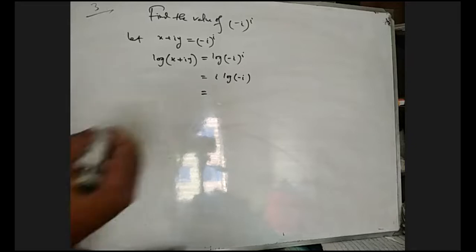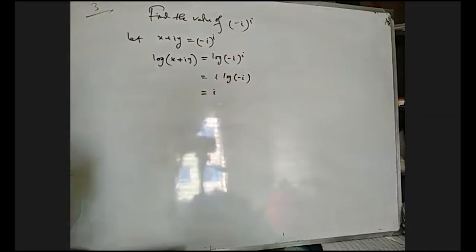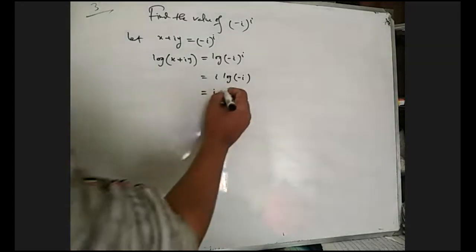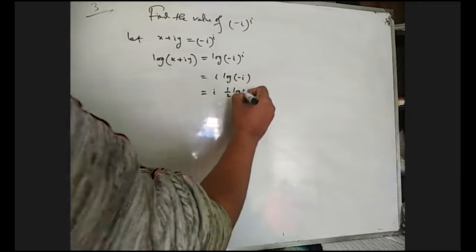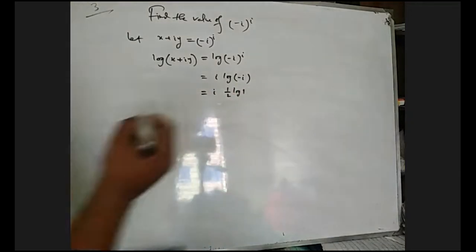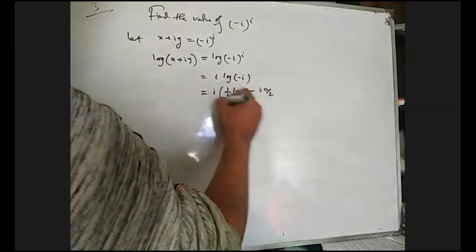Now there is a formula for log of x, which gives half log 1 minus i pi by 2.